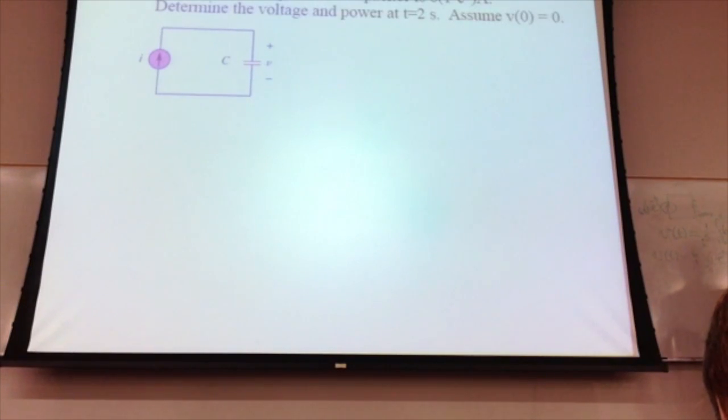This is 12 times the integral from 0 to t of 1 dt minus 12 times the integral from 0 to t of e to the minus t dt. Everybody okay with that one?